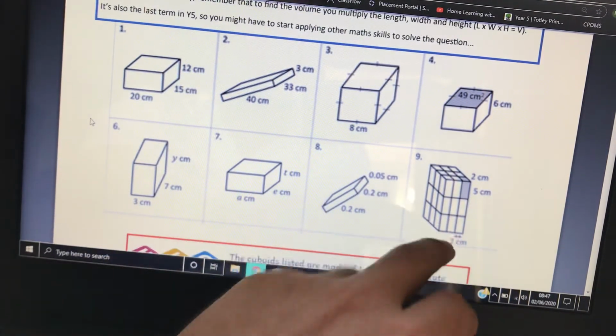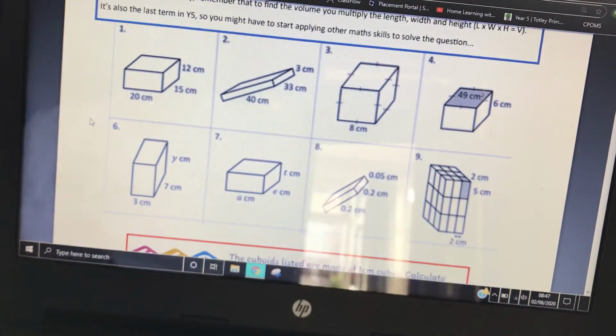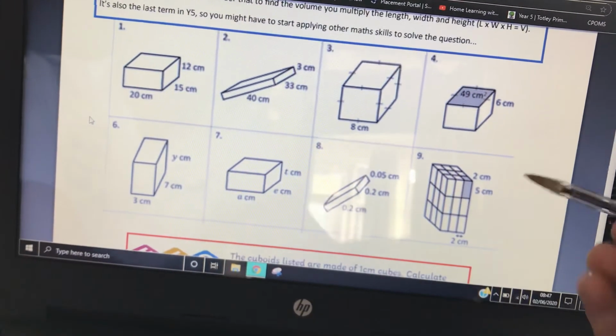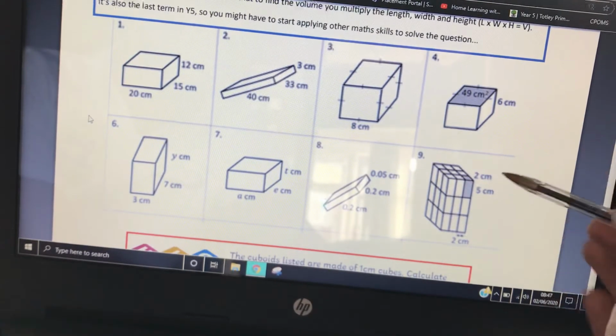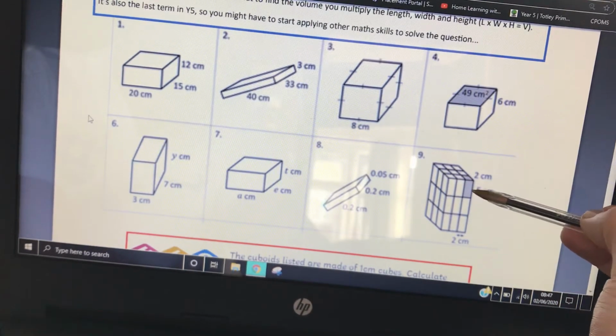Now, the last two, I'm going to go to that one last. I'm going to go to this one first. This one here looks really strange and complicated, but it's just like any other question, angles, fractions, whatever. All the information is there for you. They've not given you the full measurements. They've given you the measurement of one of these. Well, they'd be cuboids here, wouldn't they?